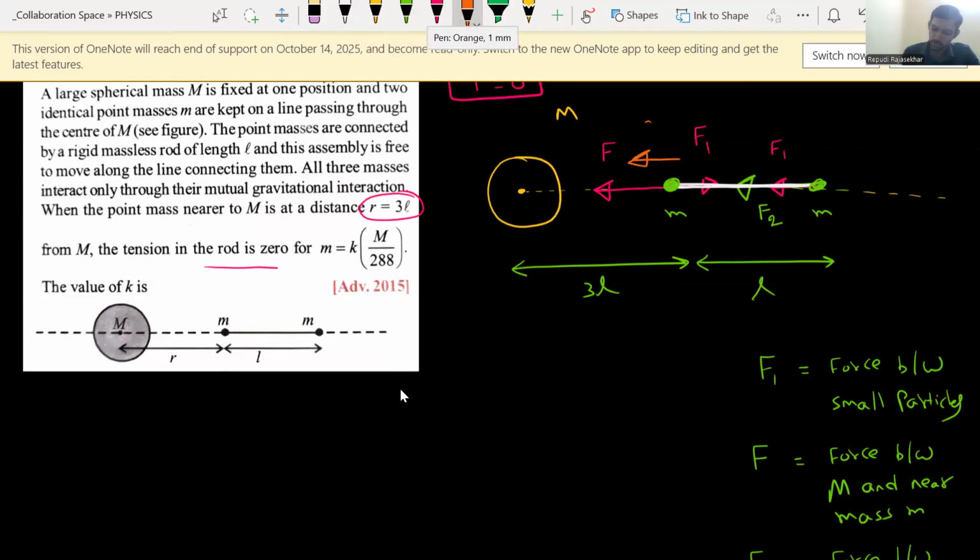If one moves with an acceleration a, the other also moves with acceleration a. Then only the tension value becomes 0. Clear? I redraw this entire diagram here.